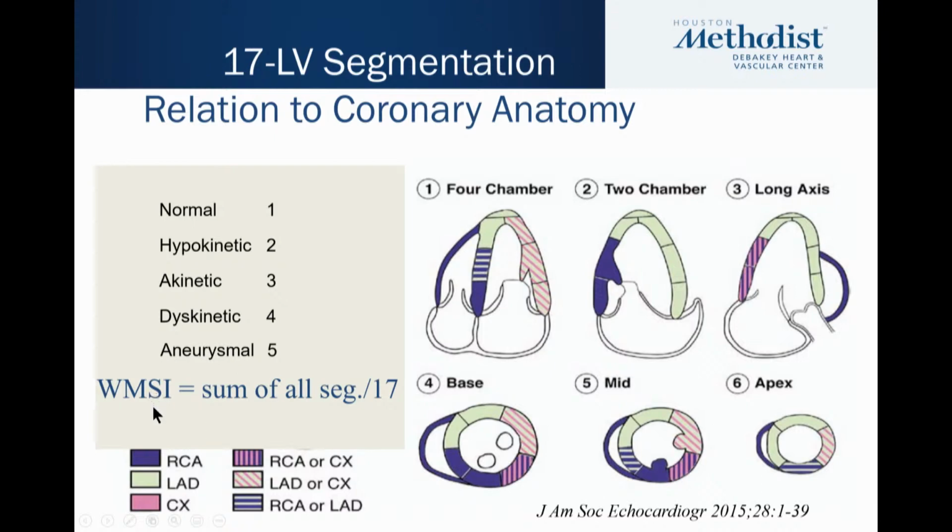An index of 2, for example, would mean that there's a fair amount of abnormalities in multiple segments. And the reason why it's important to report this, which we do routinely in our lab, is that there are many, many studies done in the 80s showing that the wall motion score index by itself also had prognostic value in terms of predicting heart failure and mortality.